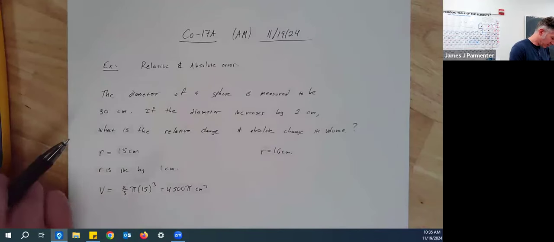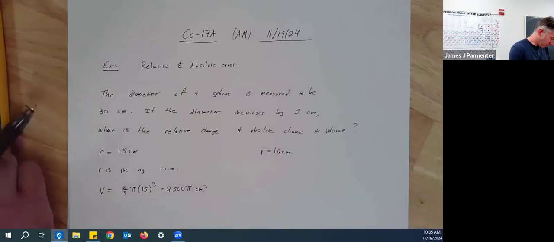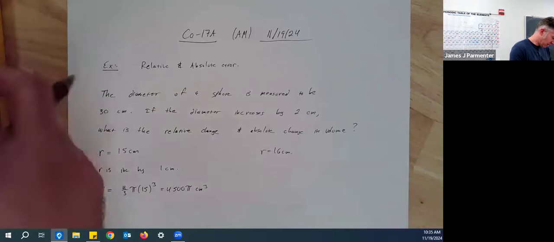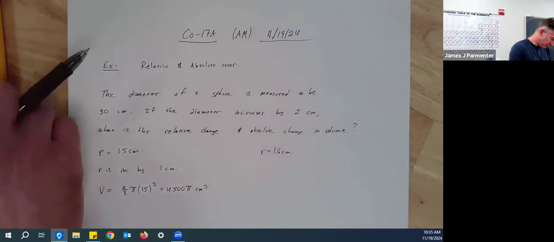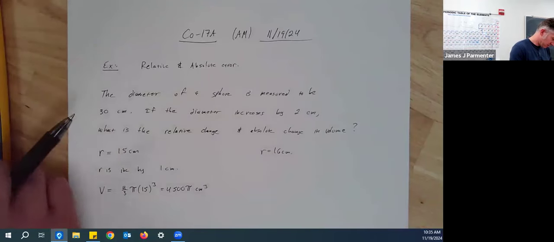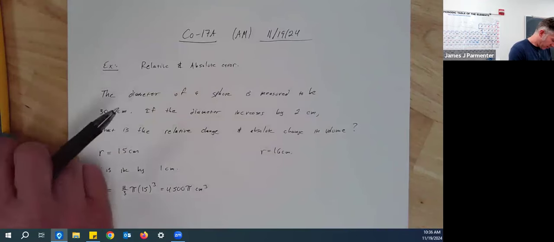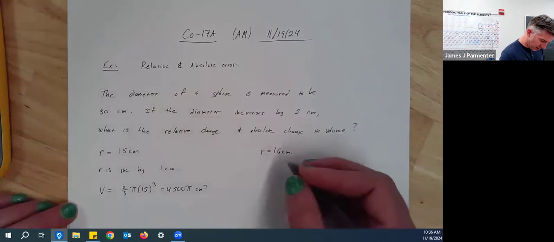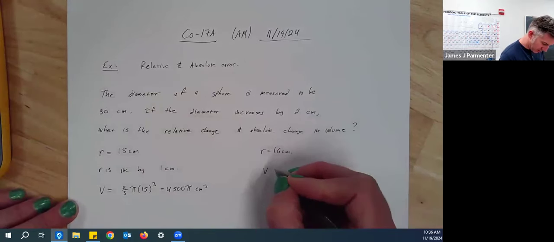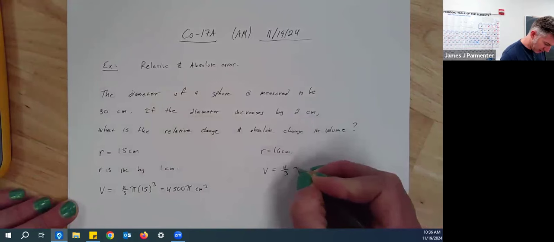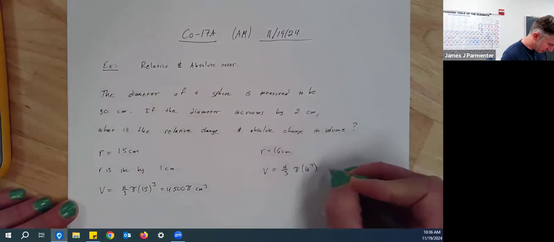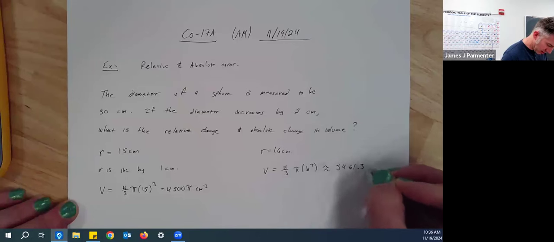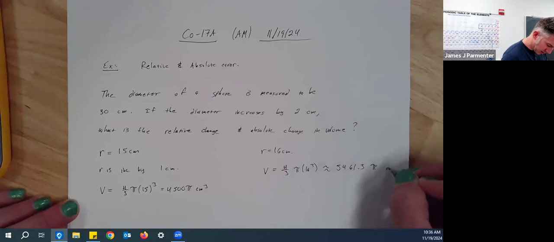Over here, same deal: 16 cubed times 4/3 times pi. Here we're getting something not quite as nice, approximately 5,461.3 pi cubic centimeters.